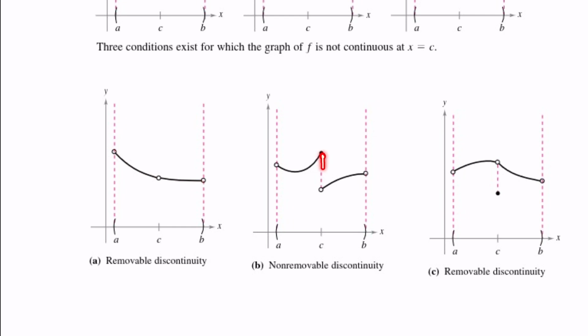For this, we cannot fill the gap between the two functions. It's too wide. There's a jump, so we cannot fill it up. So we call it non-removable discontinuity. You cannot remove the discontinuity. And also in this case, we call it a removable discontinuity because we can fill up the hole.